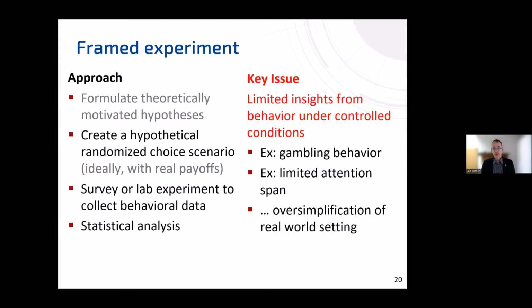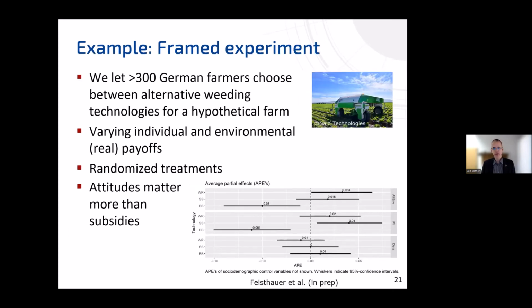People have, in these experiments, especially when they do this on their computer, a limited attention span, so you have to make the story very simple to the extent that you're oversimplifying the real-world setting. And that, of course, means that you can only learn about how people approximately behave in the real world, depending on how much simplification, how much gambling behavior you have in such an experiment.